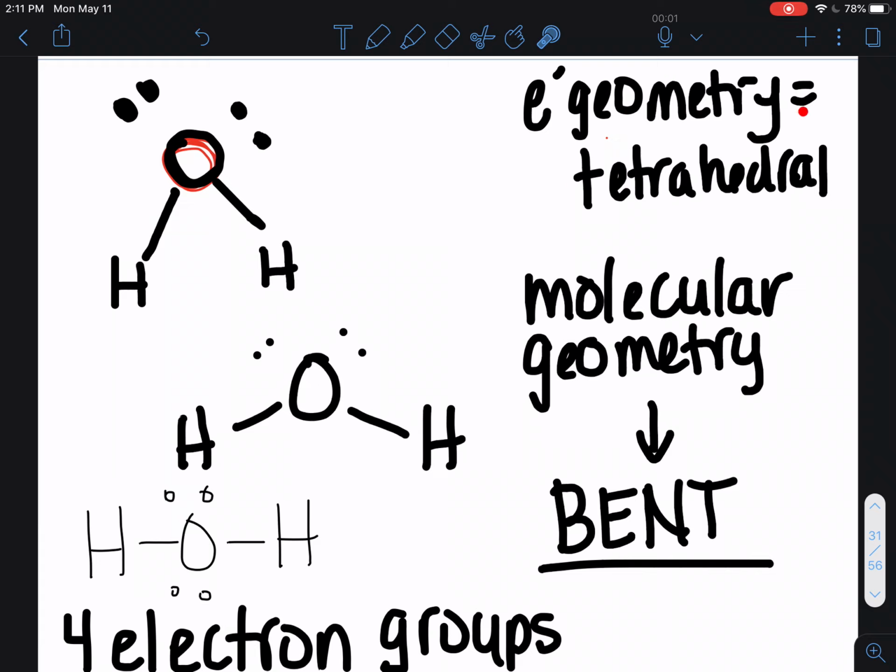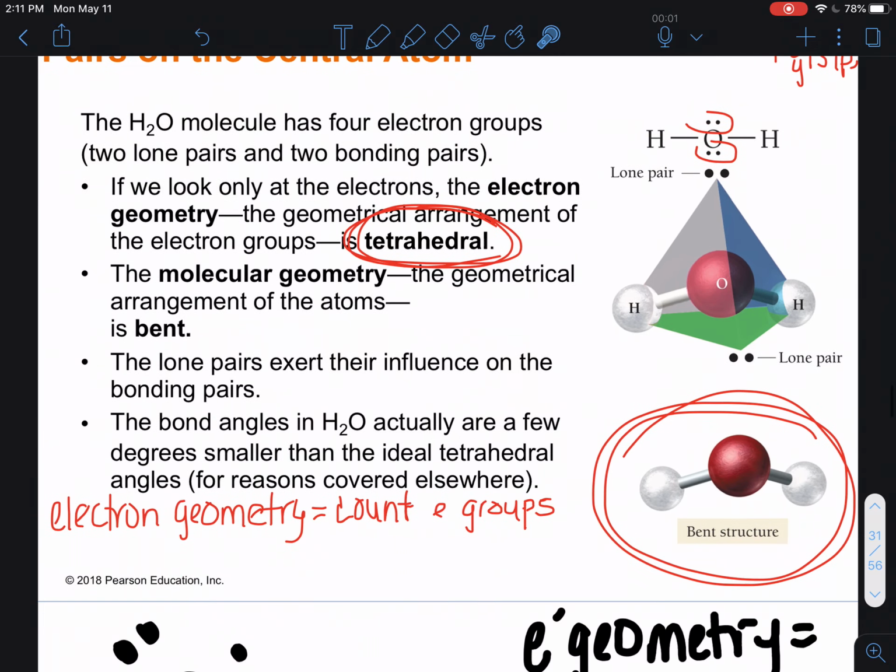Tetrahedral is its electron geometry, but its molecular geometry, the way that it actually looks in real life, because remember, we can't see lone pairs, is going to look like this bent structure, okay? That's because the two lone pairs take up two coordination spheres, or coordination environments, of the tetrahedral electron geometry environment.